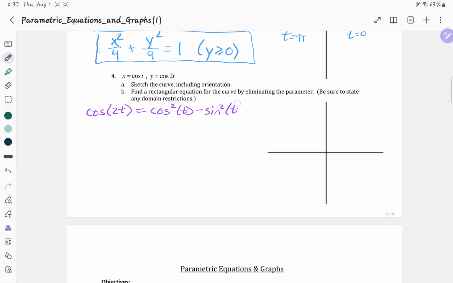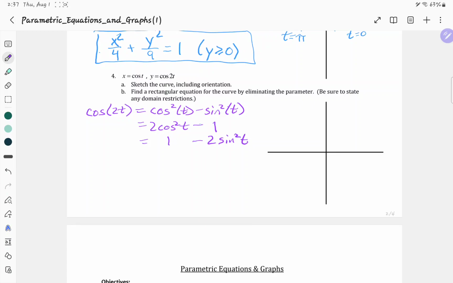And then you can double one of them and change the other one to 1. So like 2 cosine squared t minus 1. And essentially what we're doing is replacing that sine squared with one of its Pythagorean equivalents and then just simplifying. But these are useful to know right off the top of your head.